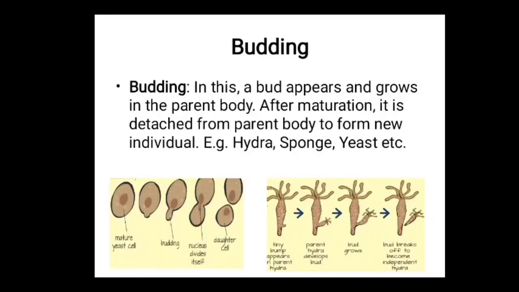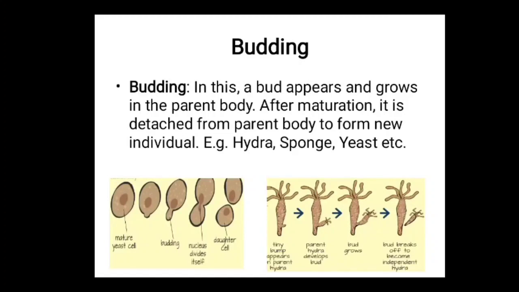Then next is budding. Budding is a process where an outgrowth develops from the parent. You can see in the image here an outgrowth is developed, and in case of hydra a small outgrowth is developed. Then the bud is completely formed, it grows, then detaches, and it transforms into a new individual or a new hydra.